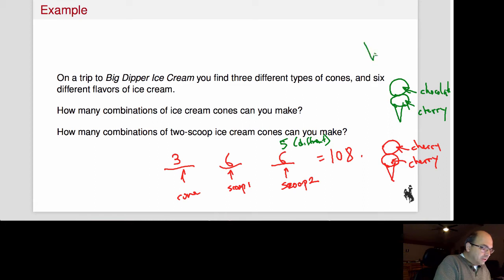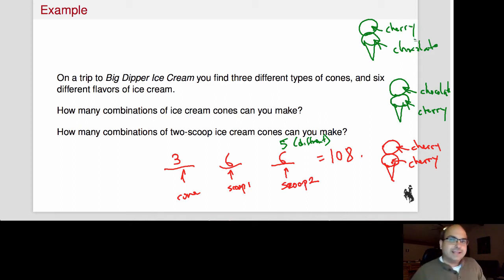I could also have picked chocolate and then cherry on top. Is that the same choice or is that a different choice? Well, it's up to us to choose. And that's the problem. This is not very well specified. This is a little vague. That's what I was talking about. When it's vague, it's actually harder to count. But here we need to decide whether these are the same or these are different.